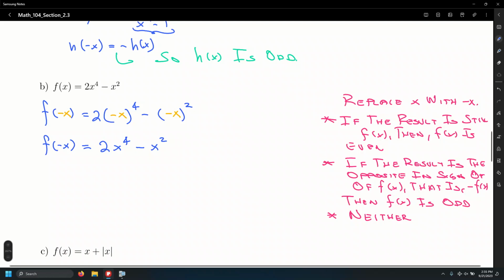Now compare these results with what we have in the original function. How are they related or how are they different? They're the same. So in this case, what do we have? F of negative x equals, what's that? The original function f of x, right? So what would you say about this? Even or odd? Even, right?